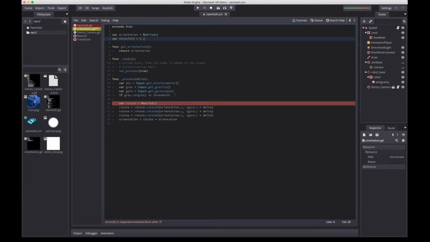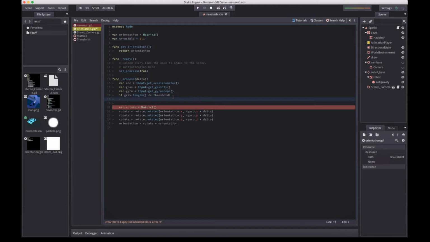Anybody who has had a science class would recognize that number as the strength of our gravitational field. Obviously, we're checking here if it's less than 0.1. It should be 0, but if it's less than 0.1, then we're pretty sure that we don't have that vector available. And what we're simply going to do is use our accelerometer data instead.